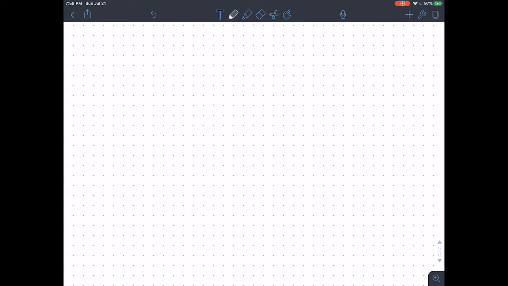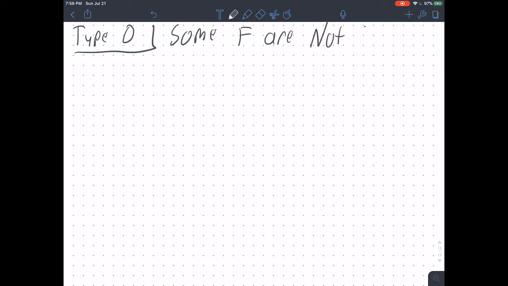Then finally, type O sentences. These are sentences like some F are not G. So we draw our circles. Actually, it's way easier to draw these on an iPad than on a chalkboard.